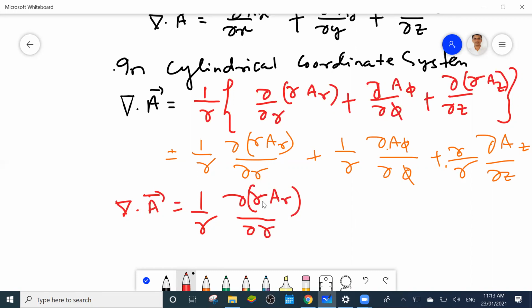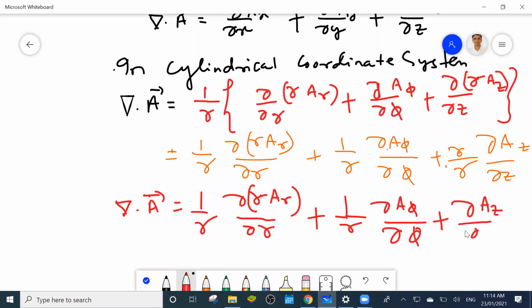R here is not a constant. Plus 1 by R del A phi by del phi. Plus, R and R cancel, so del Az by del Z. This is in the cylindrical coordinate system.